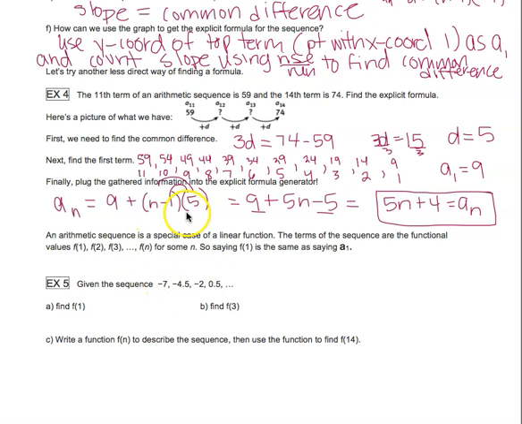So in this case, saying f of 1 is also the same as saying a sub 1, meaning that f of 1 is whatever the first term is, just like a sub 1 stands for the first term. So that's the first thing that I want you to do. So if f of 1 means the first term, write out what f of 1 is.